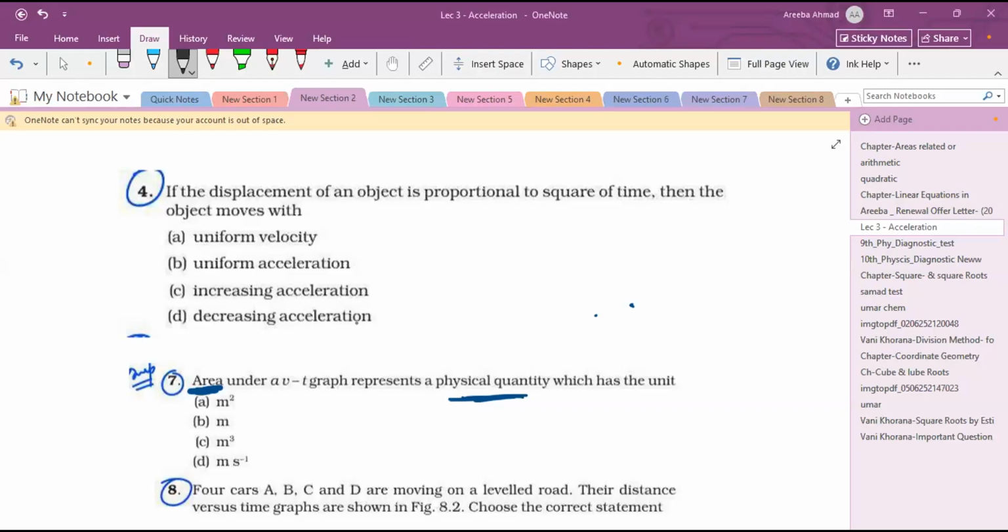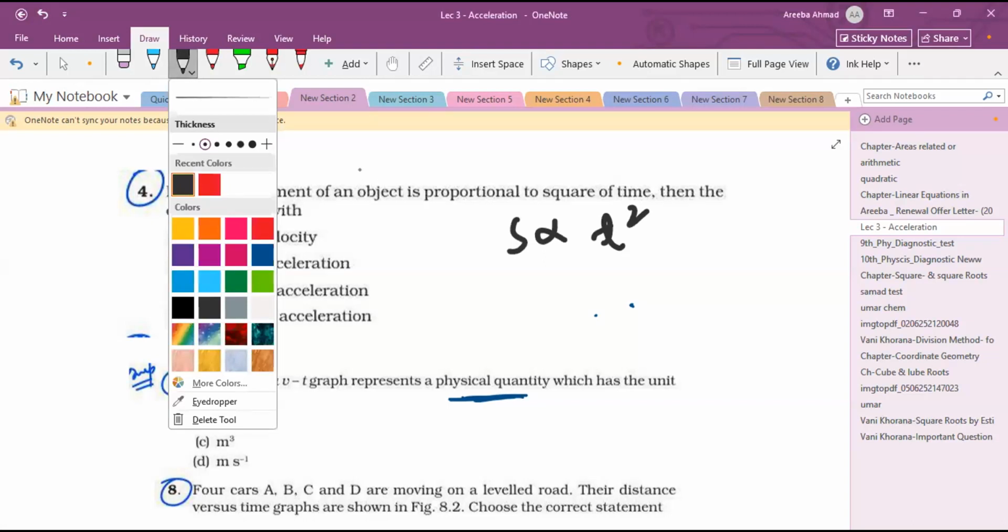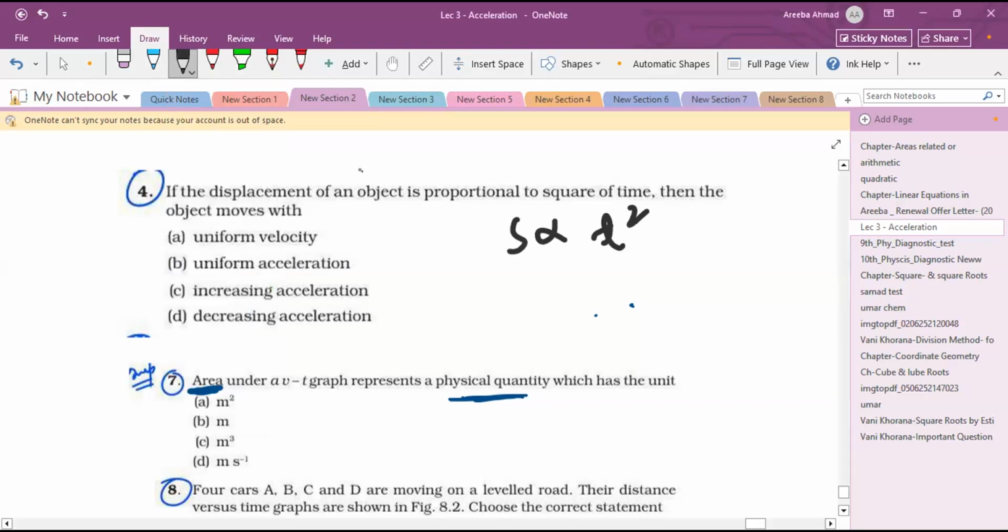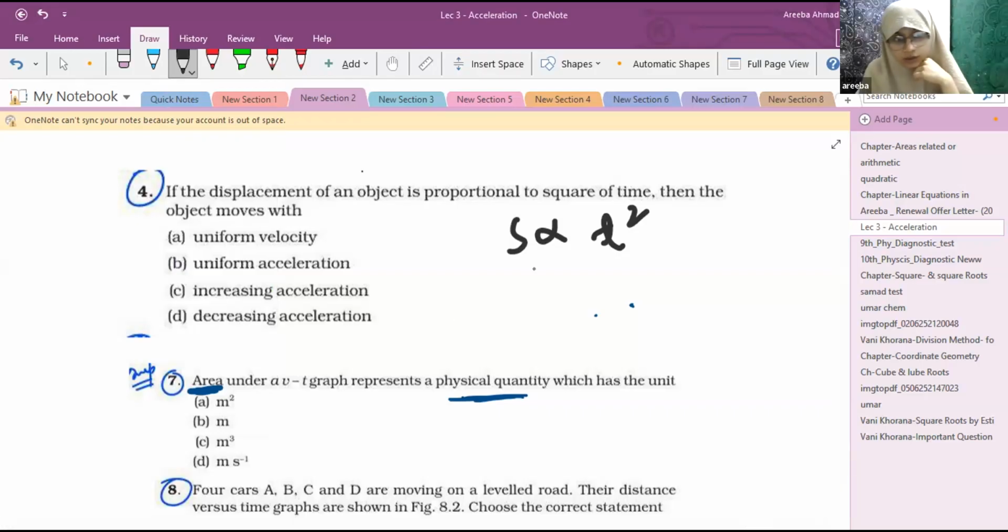Question number 4. What are you getting? If the displacement of an object is directly proportional to the square of time, then the object moves with. Don't you think this seems a little familiar? S is equal to ut plus half at square, right?